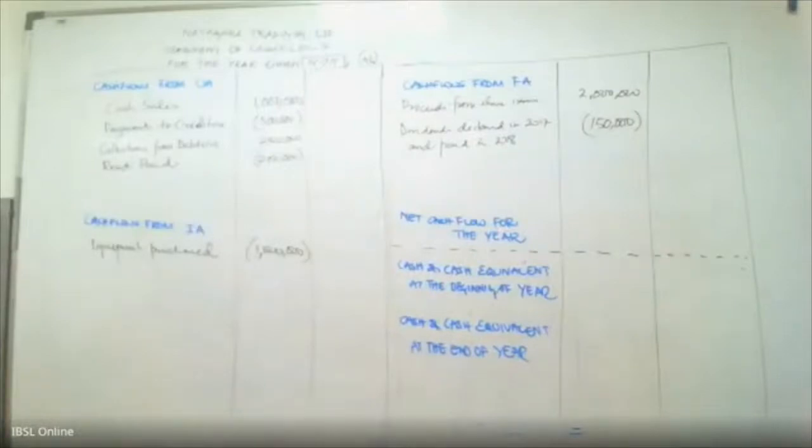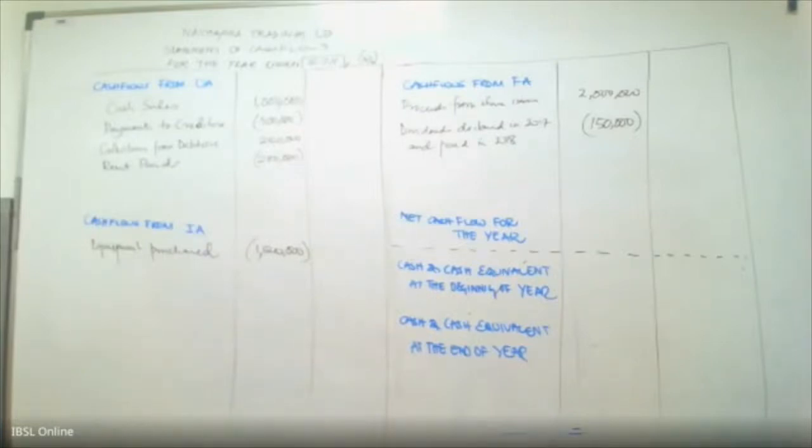And the next one, proceeds from disposal of machinery. So they had some machinery, they have sold it. Now, when you sell a machinery or fixed asset, I told you, can you remember that example? What is important for me is not the profit or loss, but how much did I receive from the disposal.